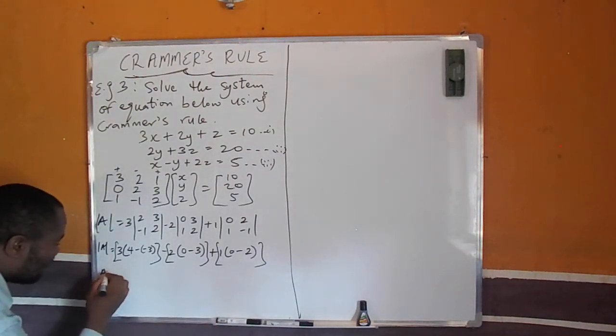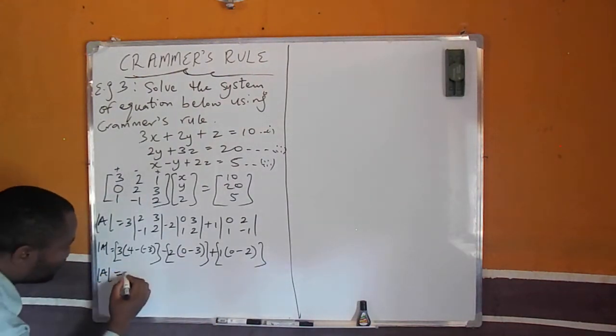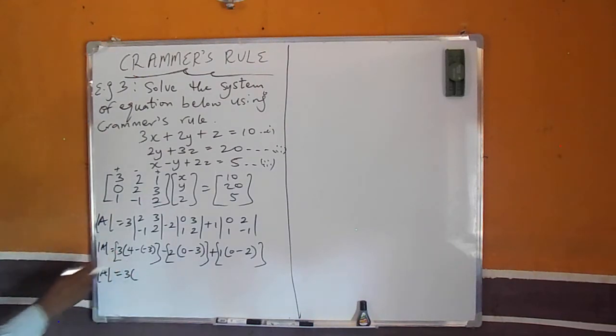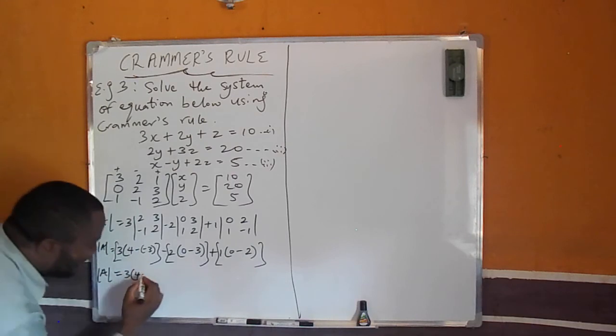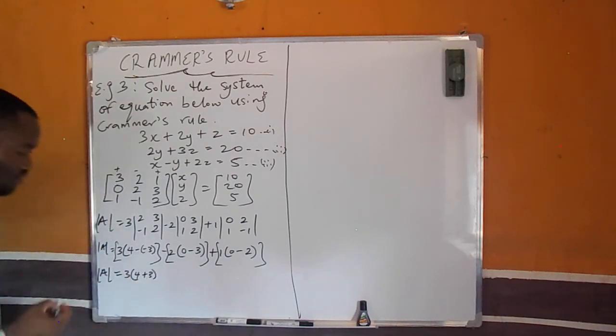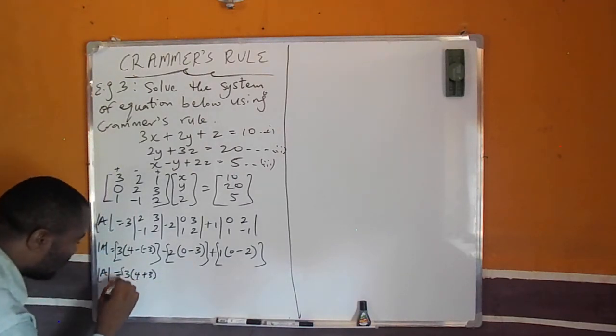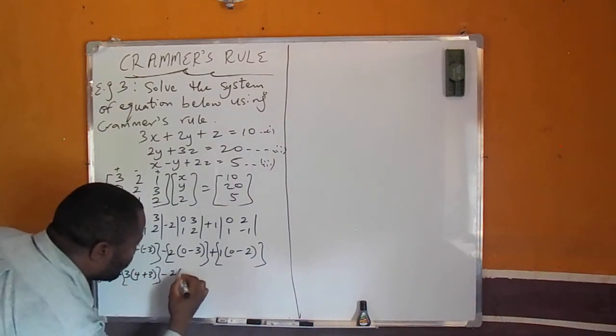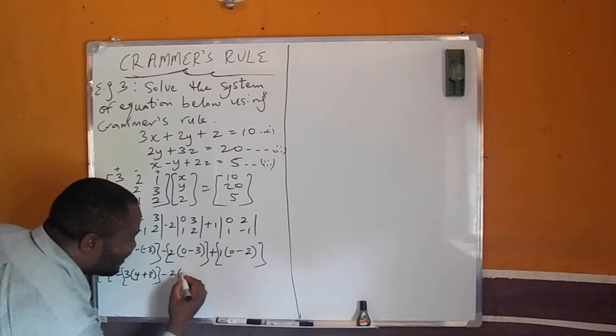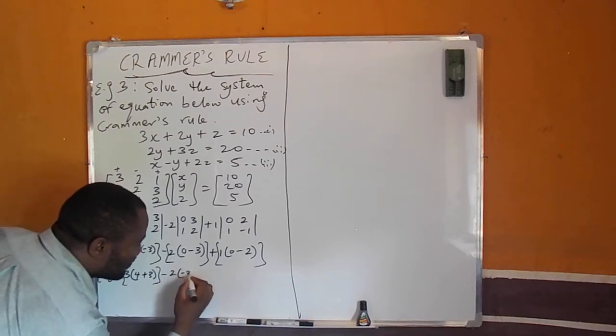Now we say the determinant of A equals 3 in bracket 4 minus times minus plus 3, bracket close. Negative 2 in bracket 0 minus 3, that will give us negative 3.